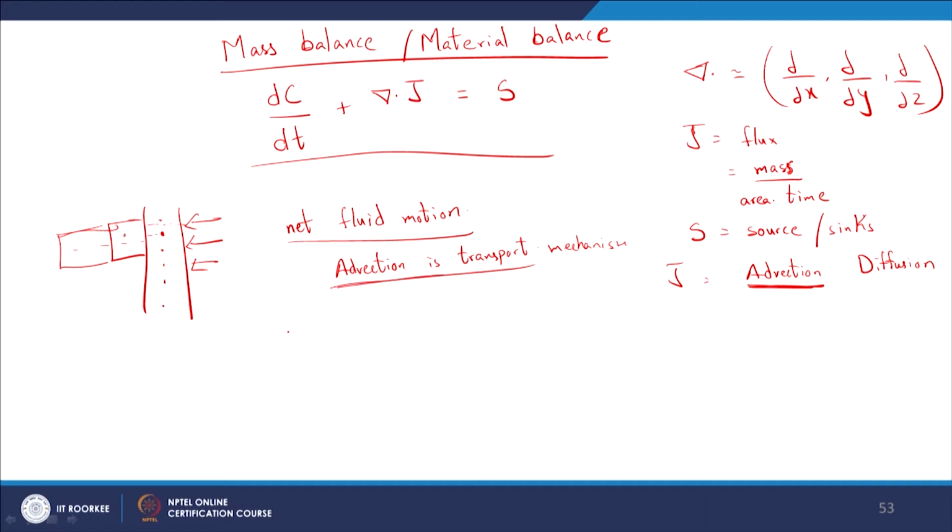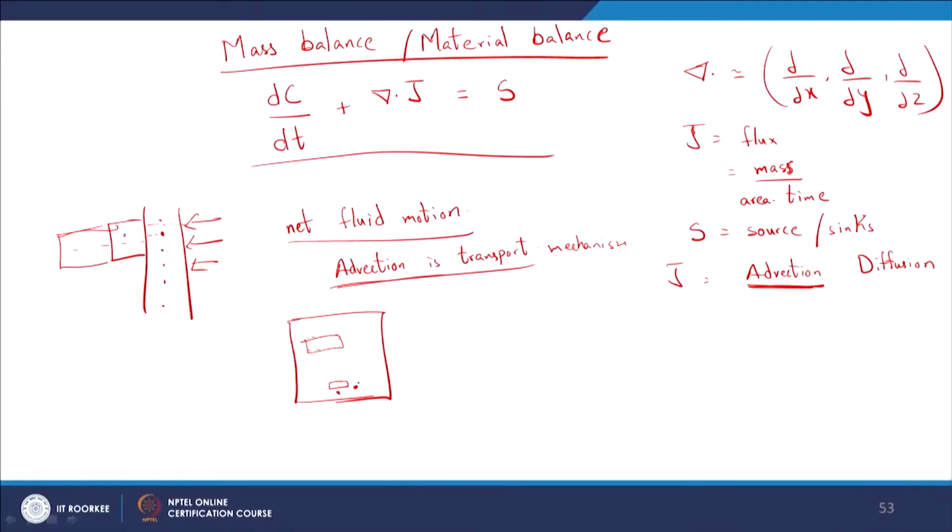The other example: let's say this is the recording session or class, and I am here at this podium, and there are a couple of students sitting here. There are no fans running and no wind blowing; this is a completely sealed room. But if I open a scent bottle here, after a certain amount of time the students sitting here, this is the plan view obviously, can smell this particular scent or compound.